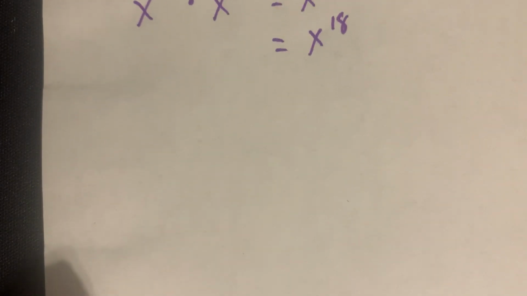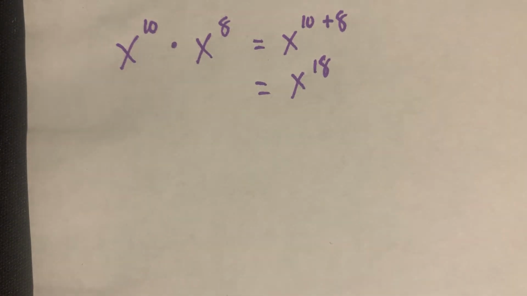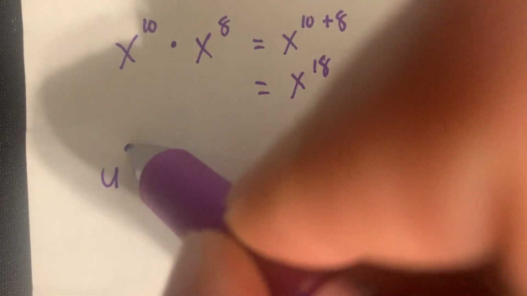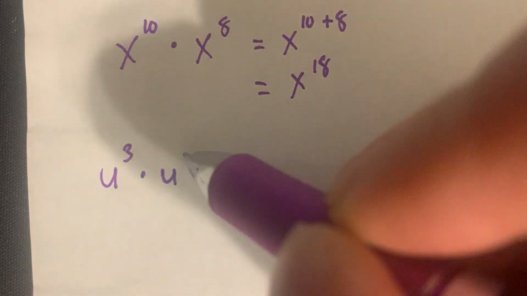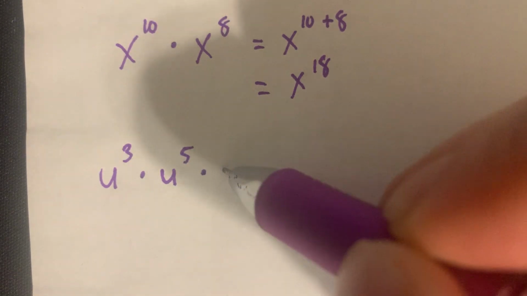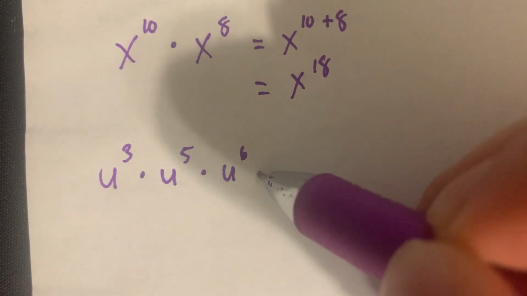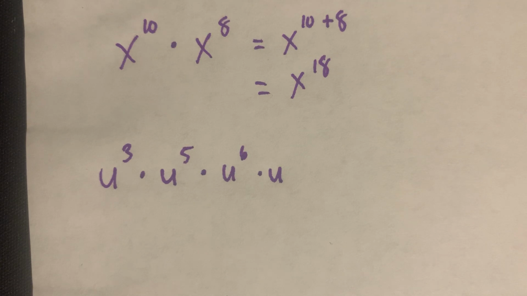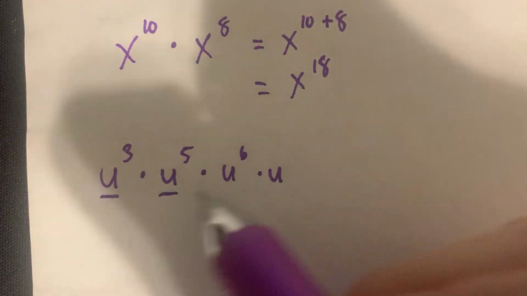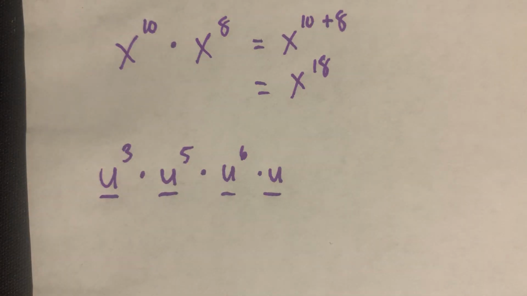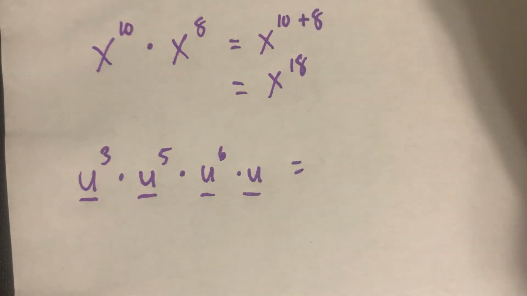All right, so let's say we have multiple things. Let's say we have u to the 3rd times u to the 5th times u to the 6th times u. For here, it doesn't matter how many things, as long as they're the same bases, u is the base, we can add all the exponents together.